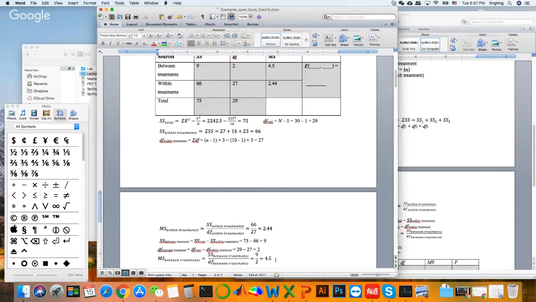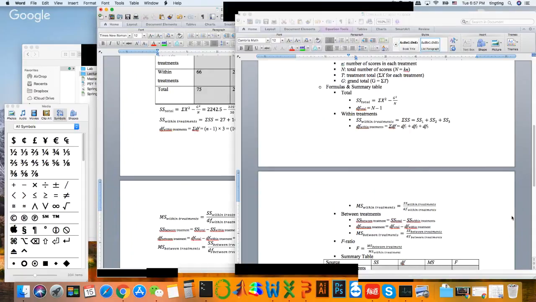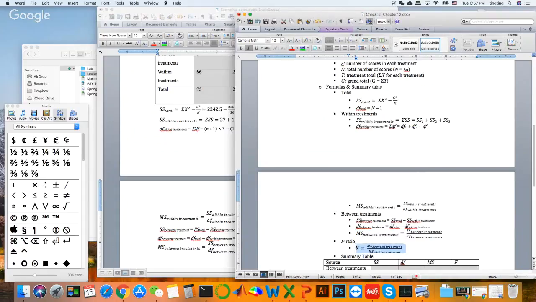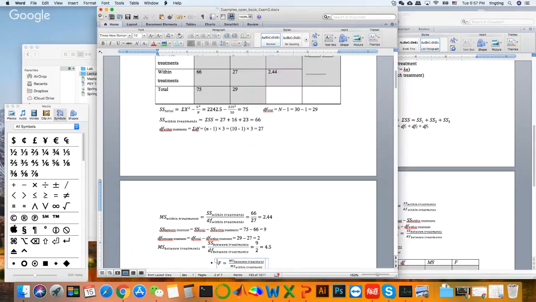So the F ratio equals the ratio between the MS between treatment and MS within treatment.